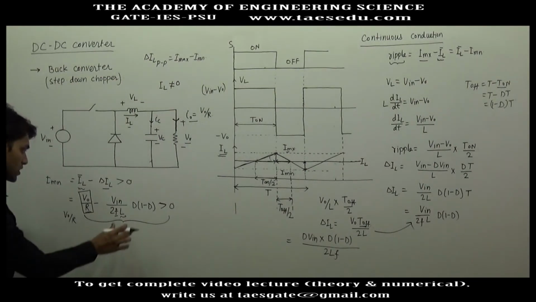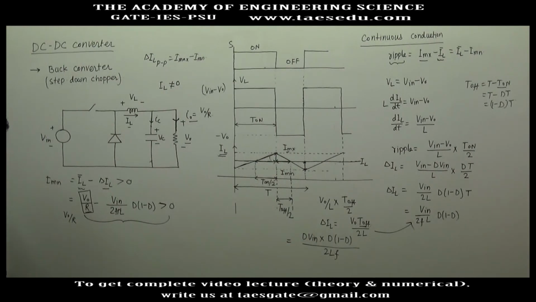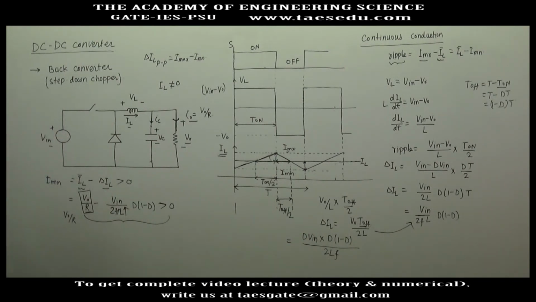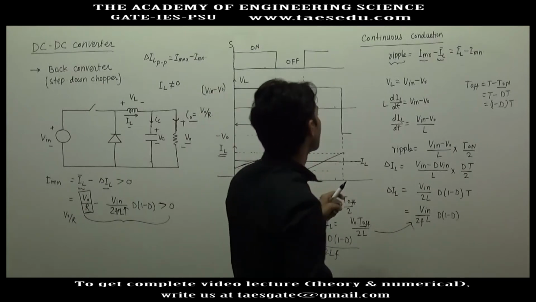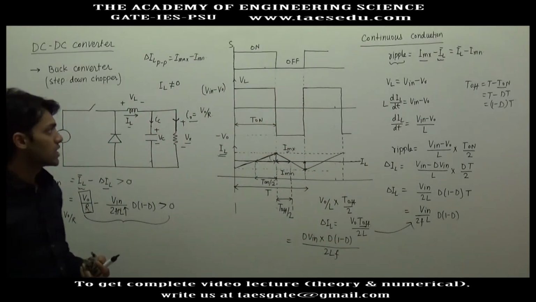It is better to keep the switching frequency high, or it is better to use a high value of inductance. You have the value of ripple and the value of average inductor current, so you can calculate the maximum inductor current and minimum inductor current.